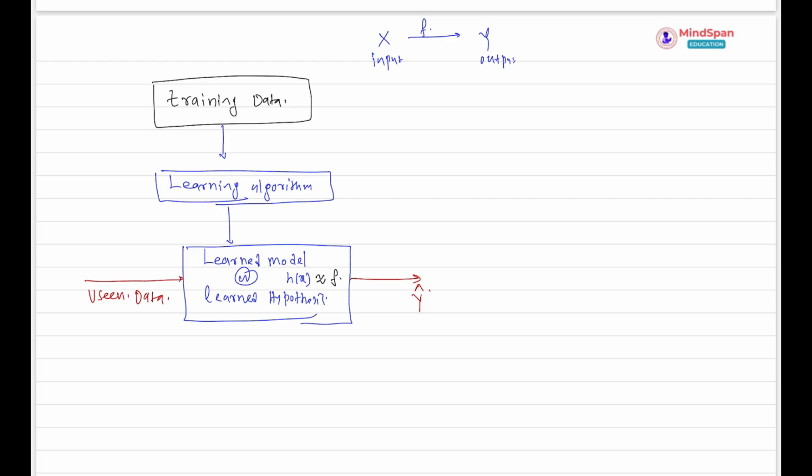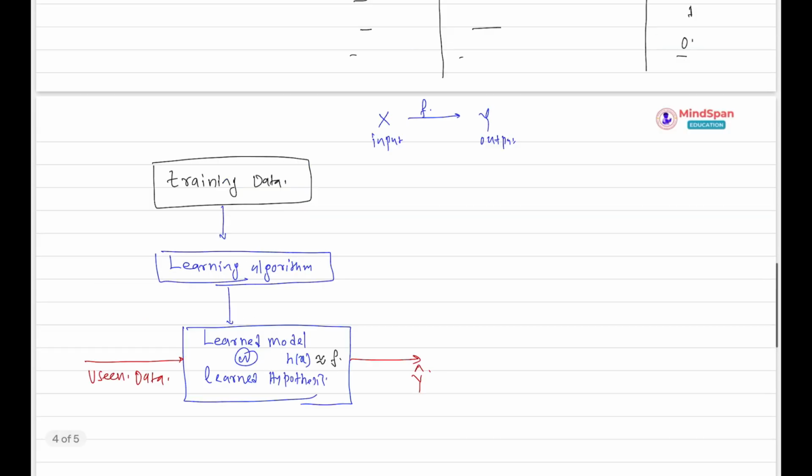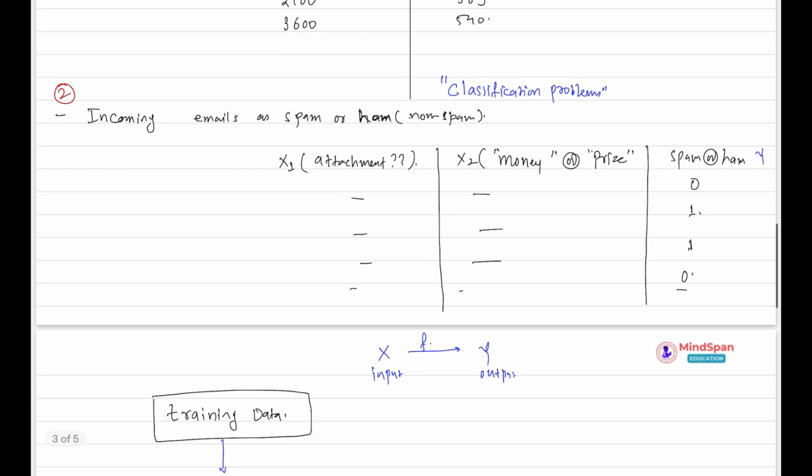And in a classification problem, our goal is to learn a decision boundary or a hyperplane, right? So let me show you. Let's suppose that we have these features on the axes. So this is x1 and this is x2, right?